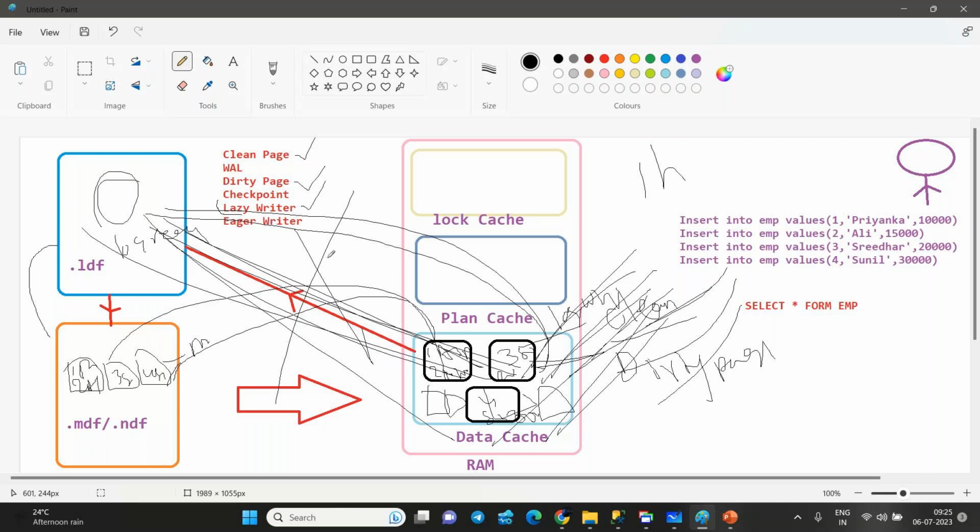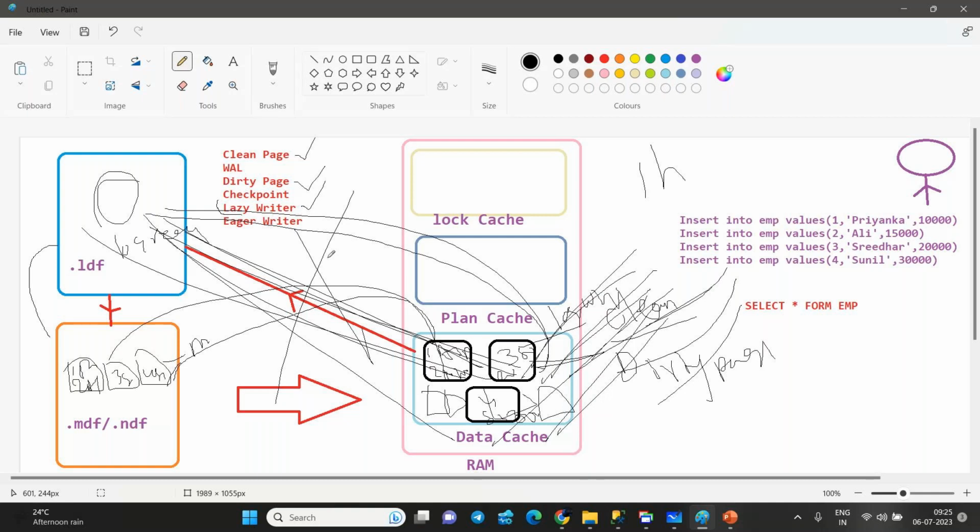So lazy writer is also an internal background process which is running in the backend, but always in the sleepy mode. It is continuously running, but always a little bit sleepy. So when will it invoke?